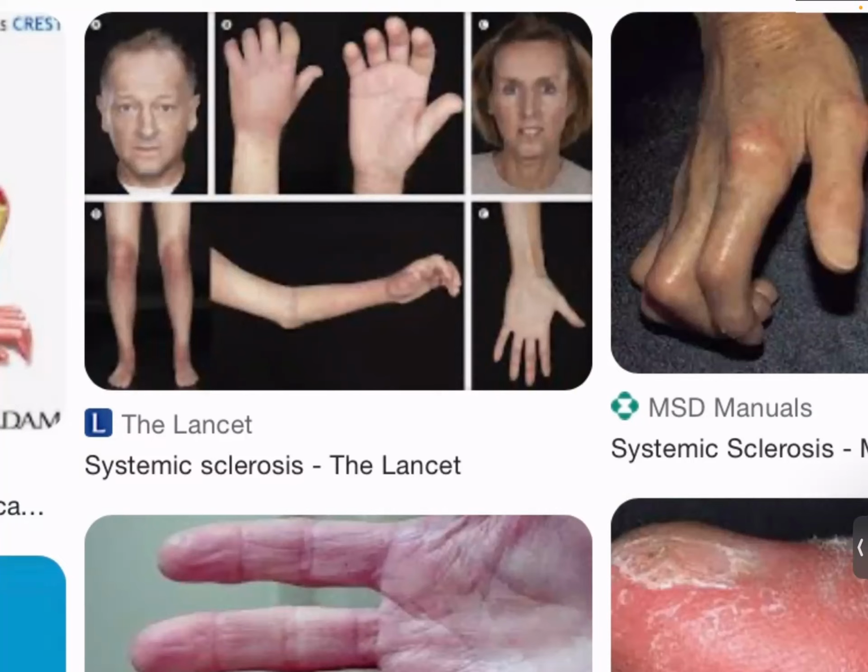Please remember, I am repeating many times in order to remember, because in the exam, under stress, we need to be prepared with many repetitions. So puckered mouth, tapered nose, telangiectasia, sclerodactyly, calcinosis, Raynaud's phenomenon, and internally, you should think about esophageal dysmotility.